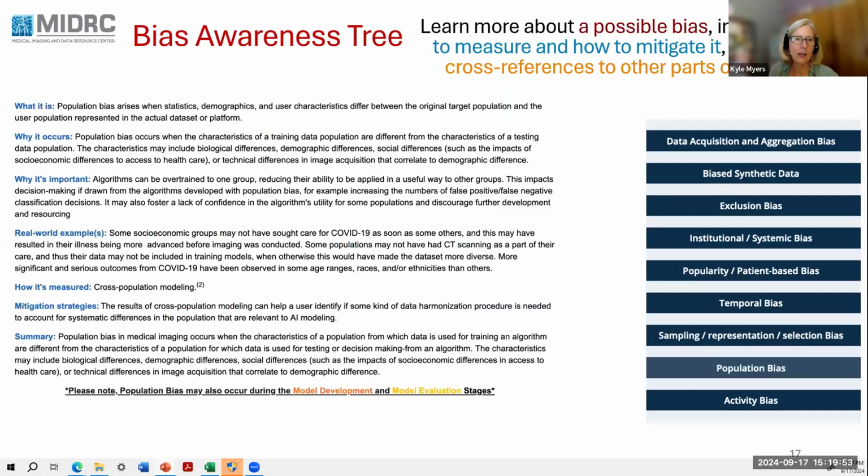So it also functionally operates like a tree, the way the decision tree does for helping you find metrics. It's very simple and easy to use. You pick a particular bias that you're interested in learning more about. Perhaps that would be population bias.